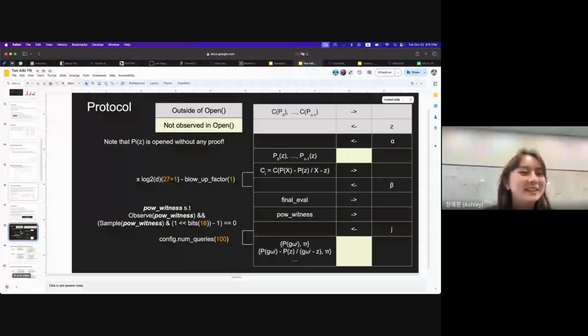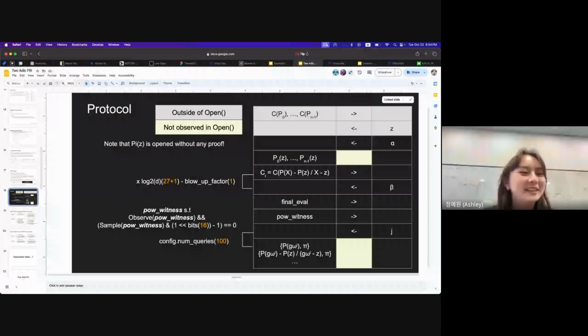So we used coset LDE for the first commits of the evaluation of the polynomial, and it's just for security because the queries could possibly leak the polynomial itself. So a coset is needed to prevent any of that information being leaked.